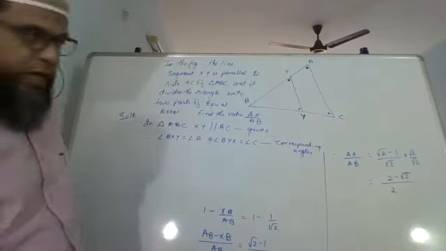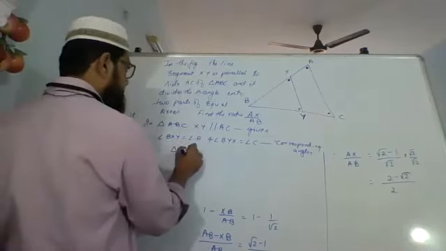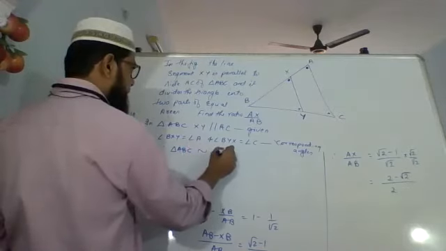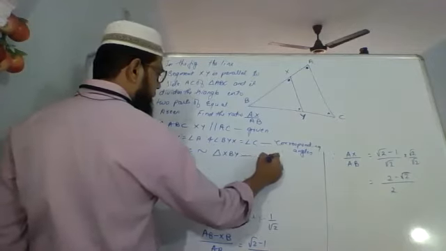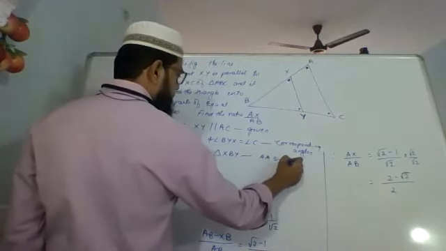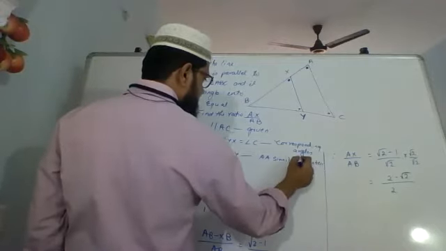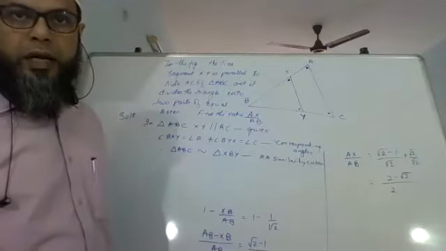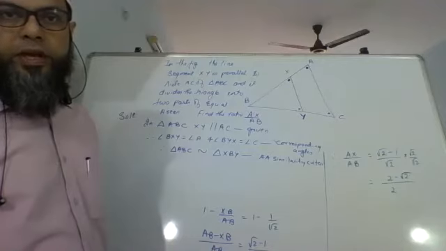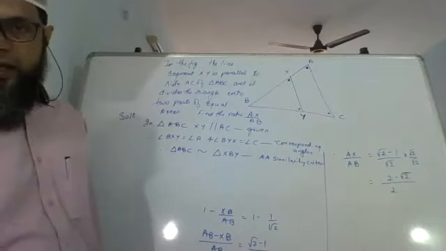Because they are corresponding angles, therefore triangle ABC is similar to triangle XBY by AA similarity criteria.